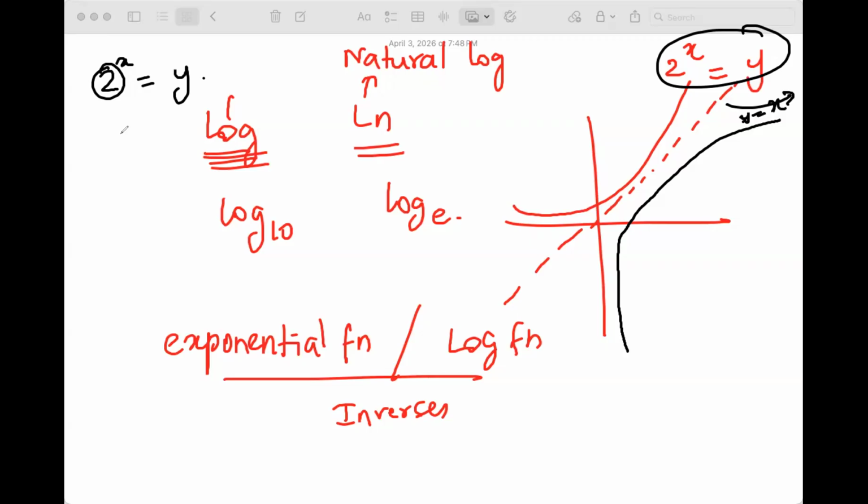It'd be like 2. Oh shoot, wait. I mean, I think it's like log base x, log base 2, and then x.